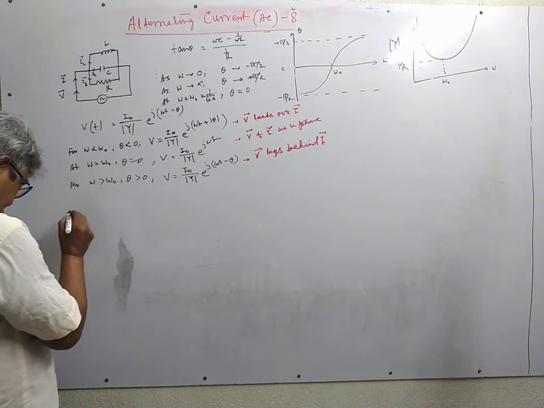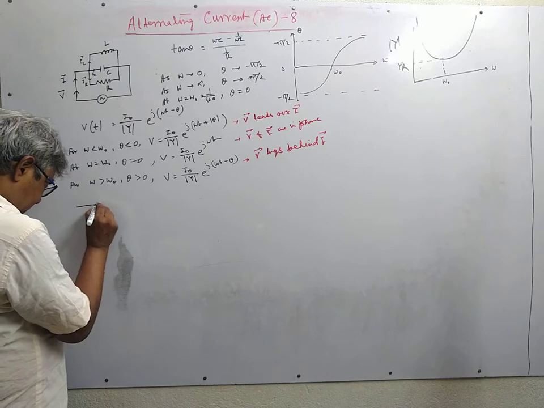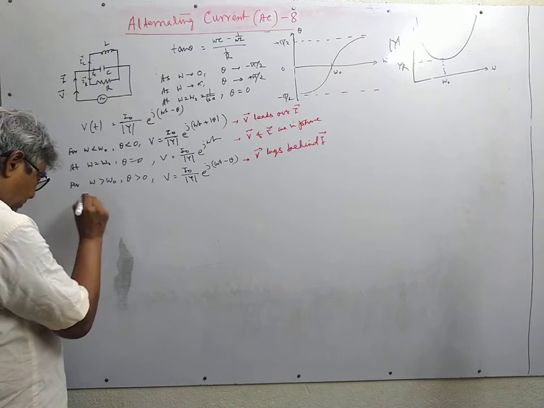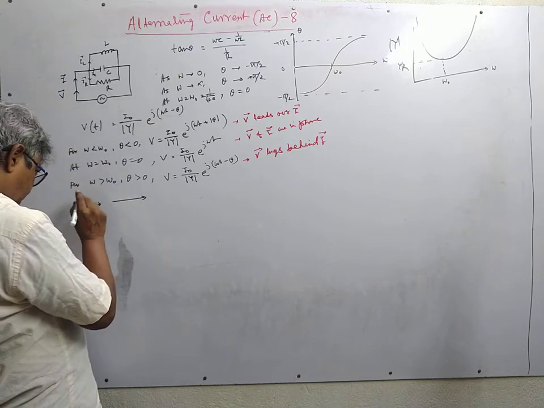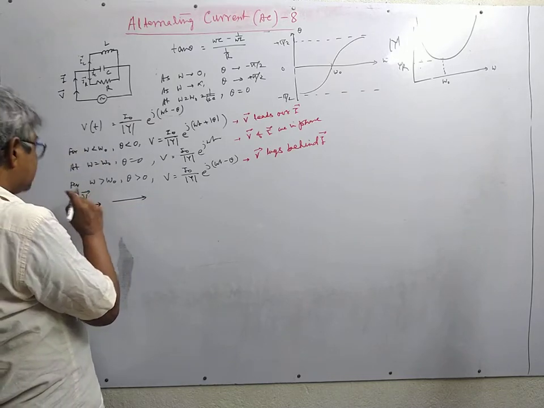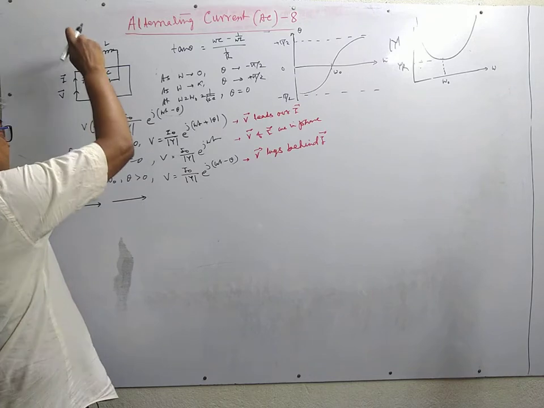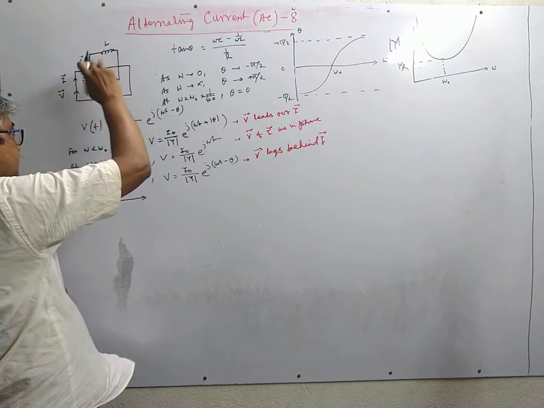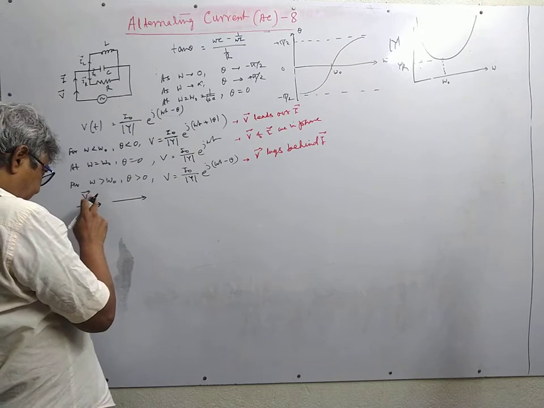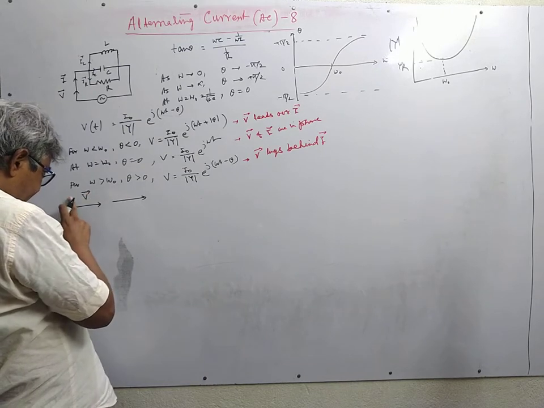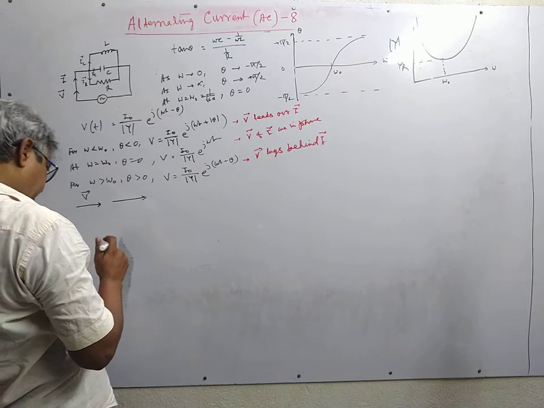If this is the voltage phasor at a particular instant, since the circuit elements are connected in parallel, the same voltage is applied, so we take the property of the circuit elements with reference to a standard voltage.